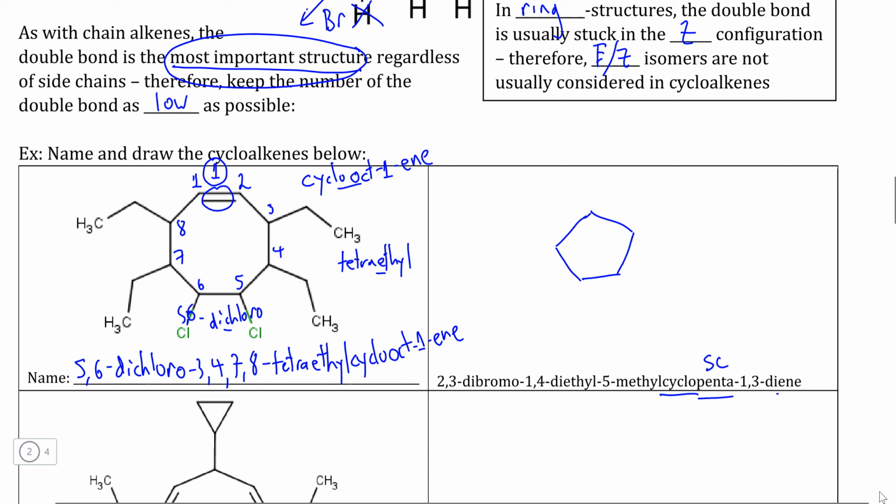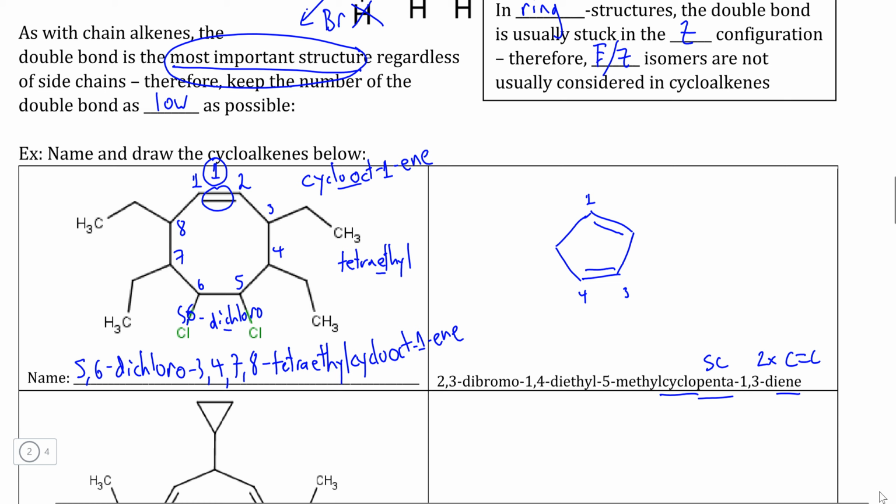And then we see here that we actually have 2 carbon-to-carbon double bonds, one in position 1, let's just call this carbon 1, and one in position 3, which would actually be between carbons 3 and 4 that we see here. And there is our cyclopenta-1,3-diene.